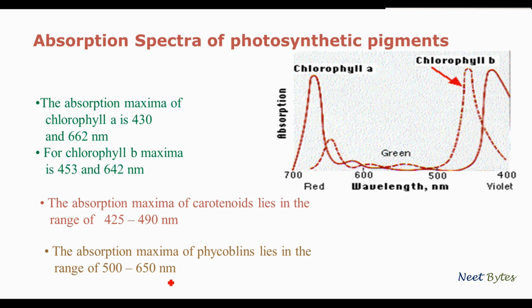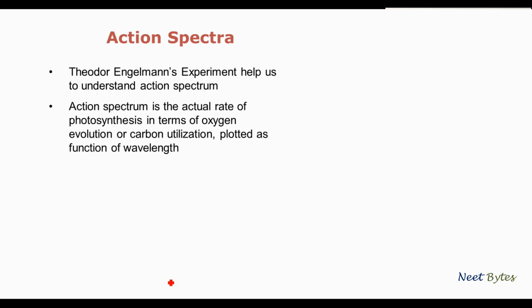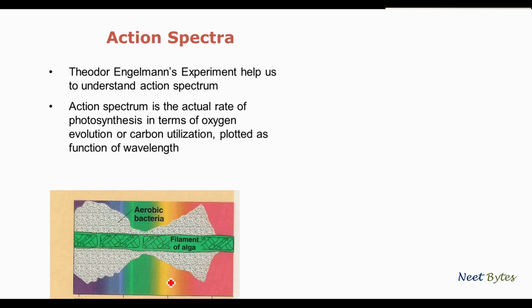One last thing: what is the action spectrum? The experiment for the action spectrum was done by Engelmann. First of all, he gave individual wavelengths of light to Chlorella, a green alga, and he grew the alga along with aerobic bacteria, right?